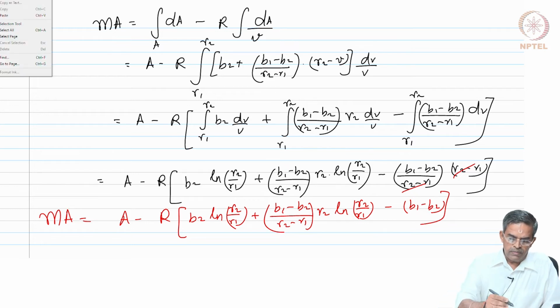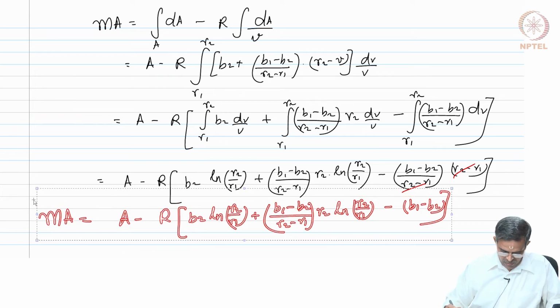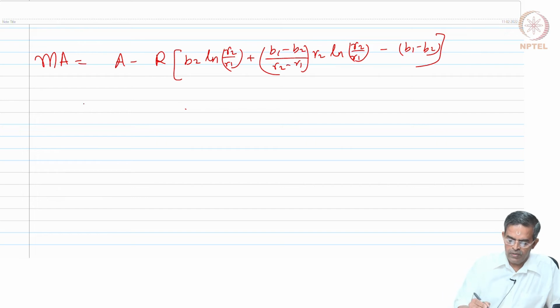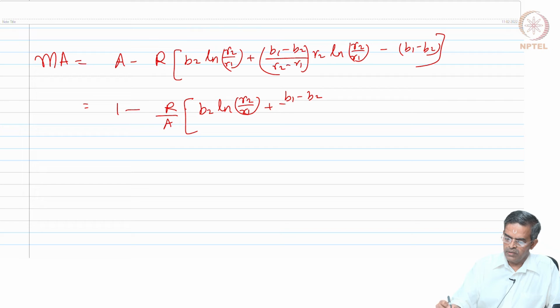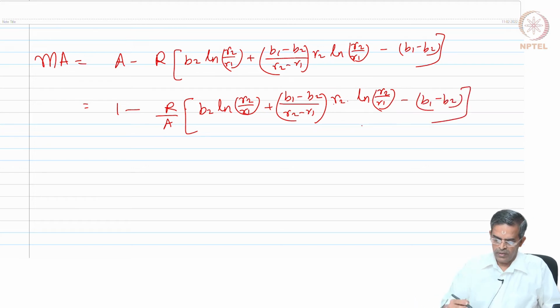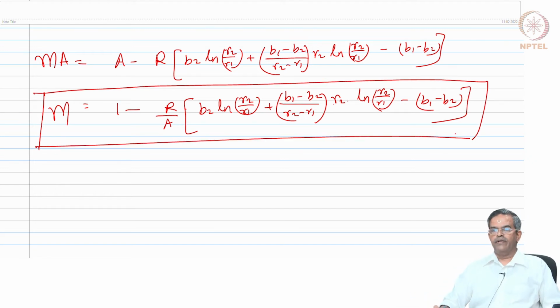So, I will copy this expression. So, M will be equal to 1 minus R by A of B2 ln R2 by R1 plus (B1 minus B2 by R2 minus R1) of R2 of ln R2 by R1 minus (B1 minus B2). That is my M, which is the modified area.